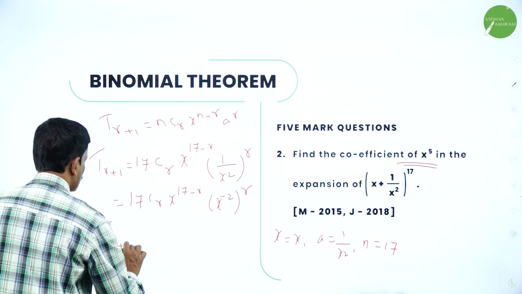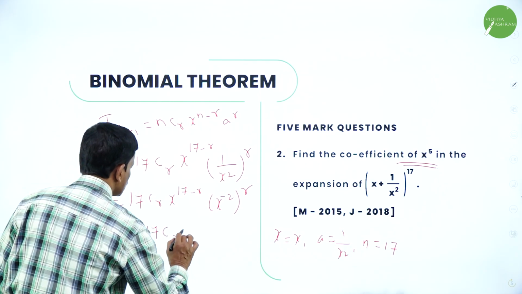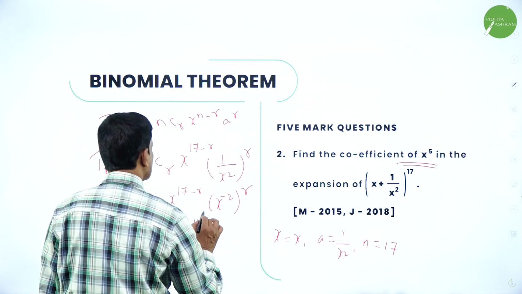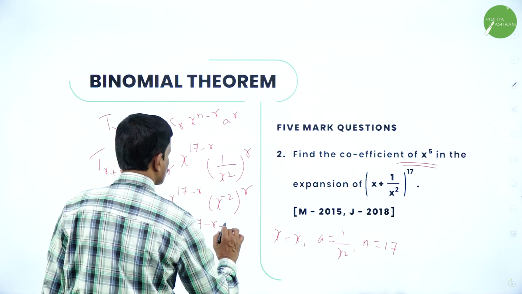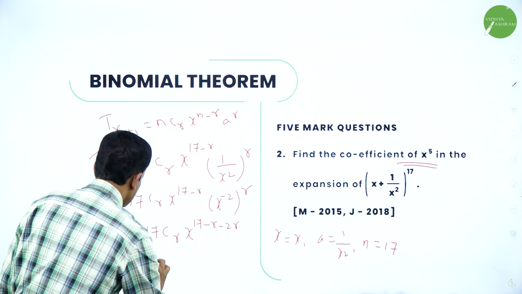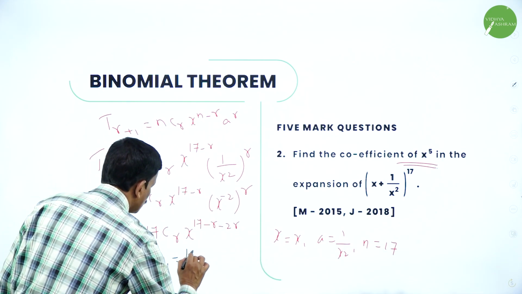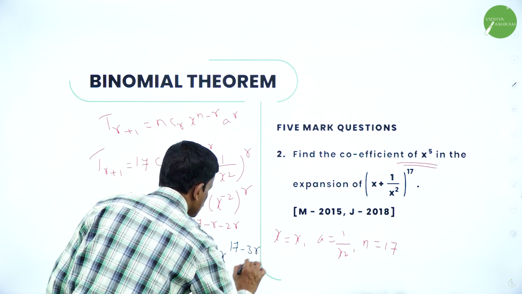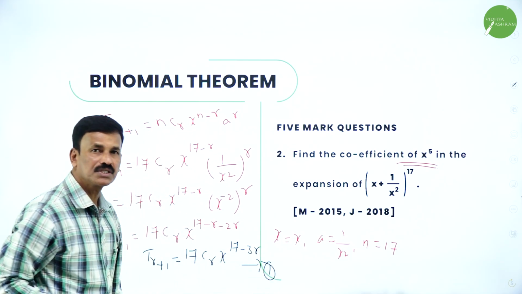So tr plus 1 is equal to 17cr, x to the power of 17 minus r minus 2r. This can also be written as tr plus 1 is equal to 17cr x to the power of 17 minus 3r. Let us represent this as equation number 1.